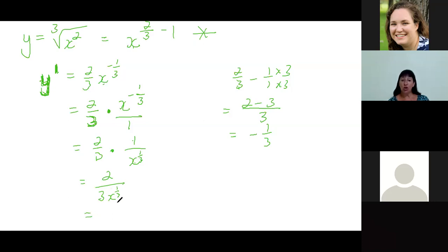Plus, I do not leave the fractional power form. I change it, remember, back to root form. So it'll be x to the power is 1 and the root is 3. That is how you write your final answer. Okay, so you have to get used to changing backwards and forwards between root form and exponential form.